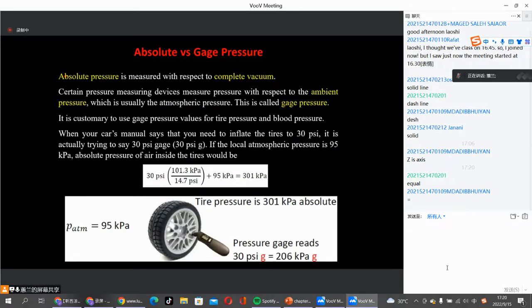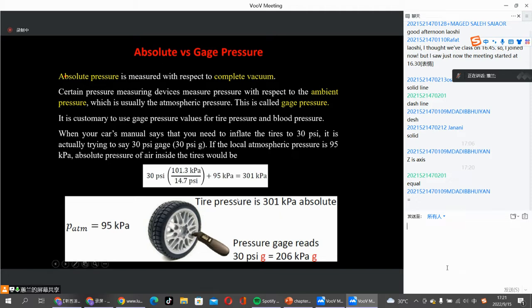Okay. So in real life, sometimes we need to measure the pressure. Just like when I drive, the tire pressure should be at a certain value, should be normal, right?